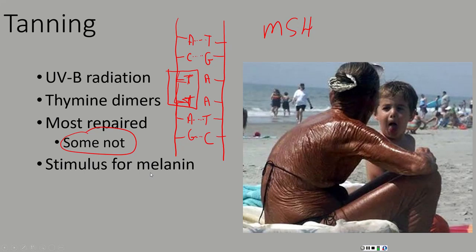The melanocytes don't start making melanin until after there has already been radiation damage to DNA. So tanning doesn't do anything for what has already happened. It's just a response to make sure more damage doesn't happen. And given enough time, given enough sun exposure, that can cause a lot of problems like skin cancer, which we'll talk about in a little while.